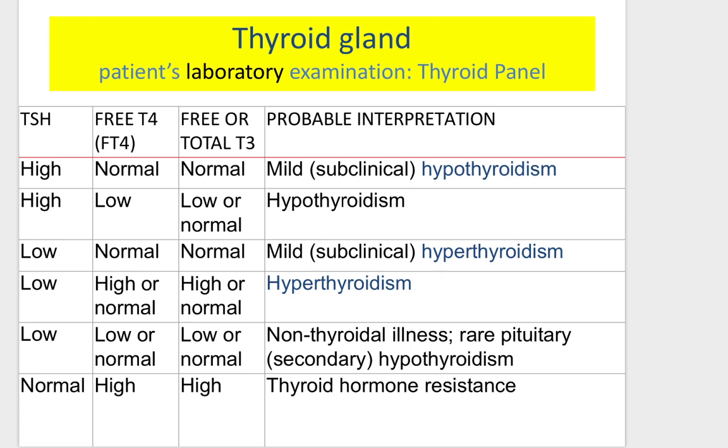The opposite, when TSH is low, T4 is high, and T3 is high or normal, it will be hyperthyroidism or thyrotoxicosis. When everything is low, it is non-thyroidal illness or a rare pituitary secondary hypothyroidism. And it is possible to see normal TSH but high levels of T3 and T4, which will be thyroid hormone resistance.